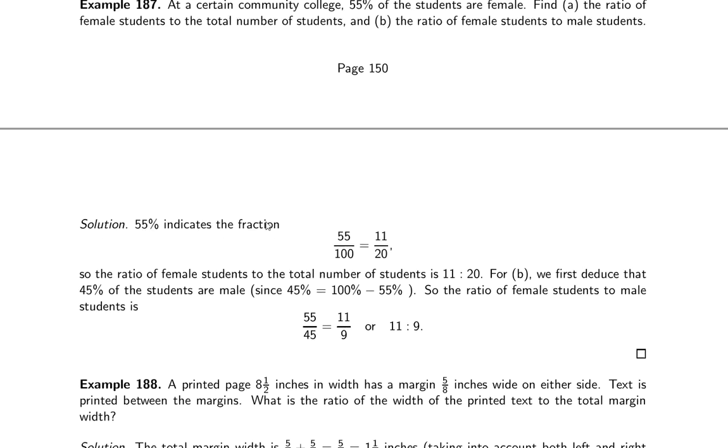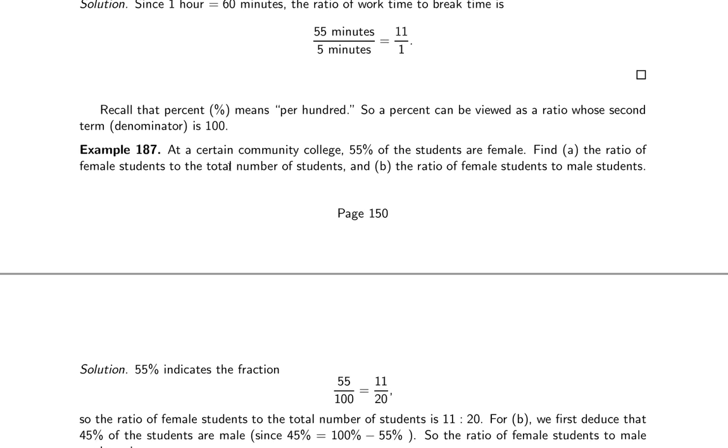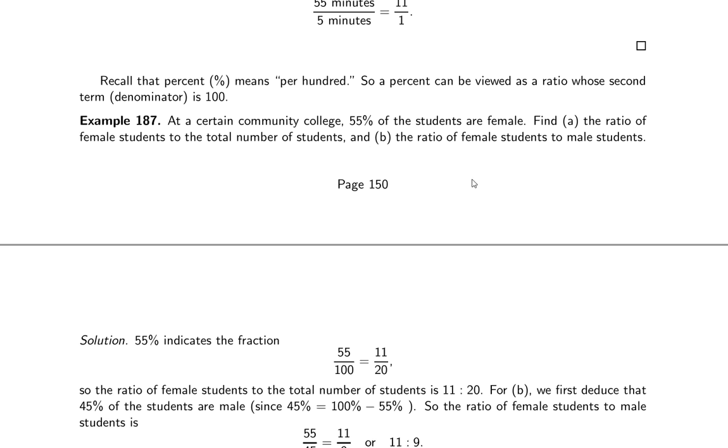All right, one more. At a certain community college, 55% of the students are female. Find A, the ratio of female students to the total number of students, and B, the ratio of females to males. So 55% means the fraction 55 over 100.